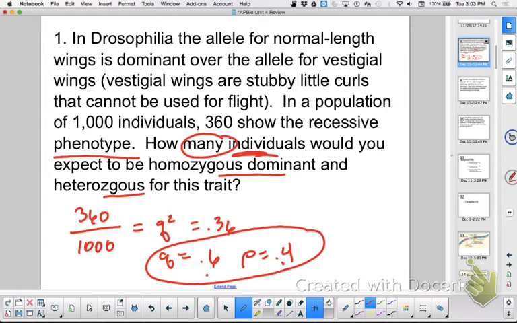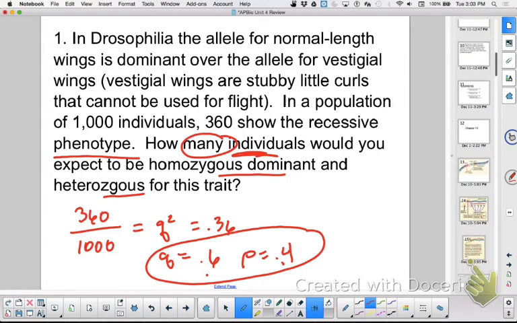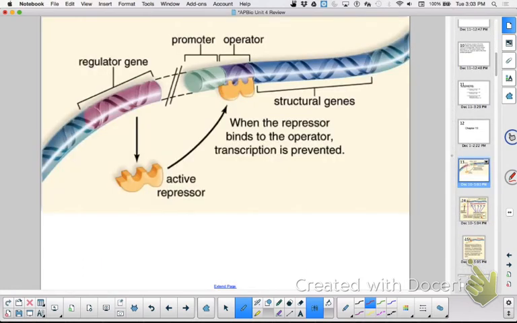Your next, it's 303. Chapter 13, your big ticket items on chapter 13, okay, is to understand how the expression of traits is controlled. So you want to be familiar with the operon in prokaryotes, and that's all about negative control, right? And then how is it different in eukaryotes?